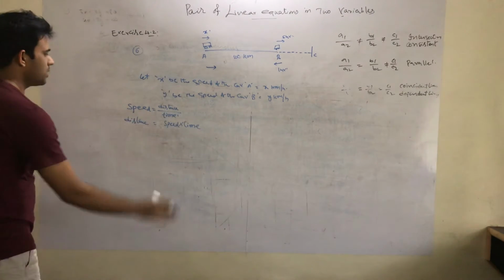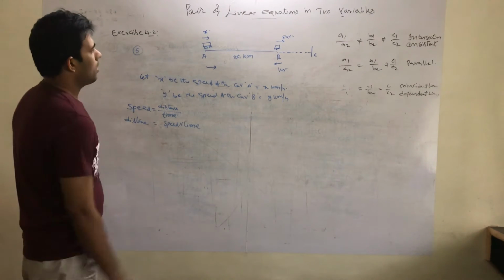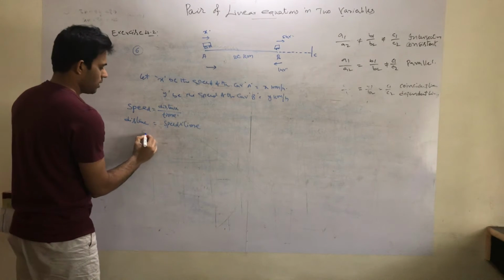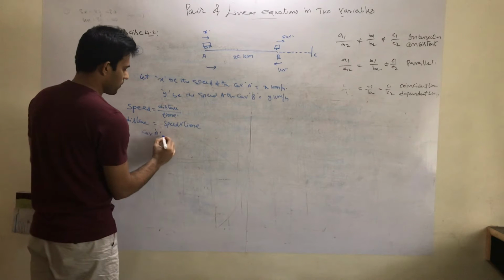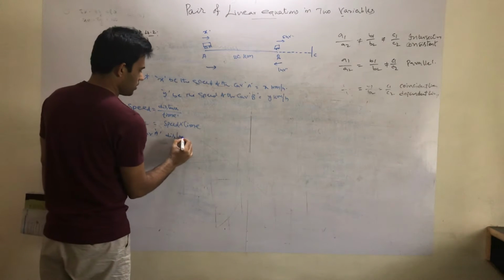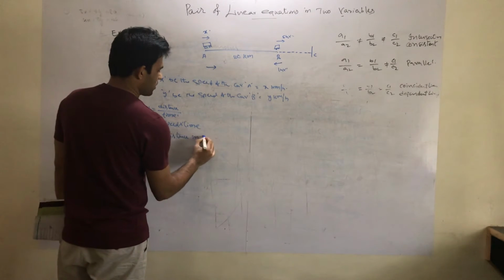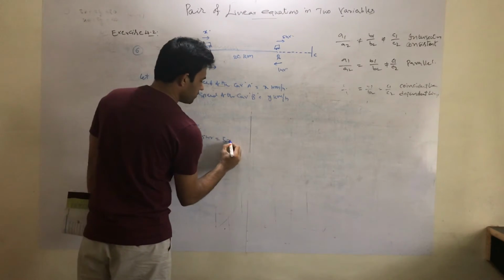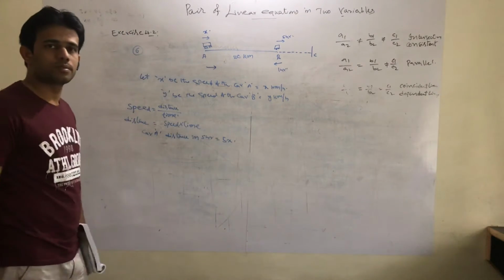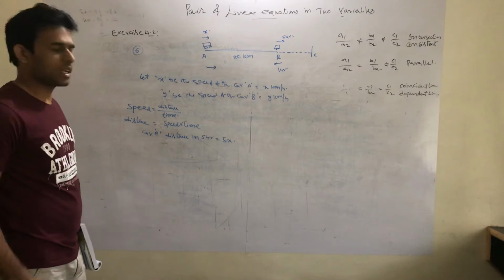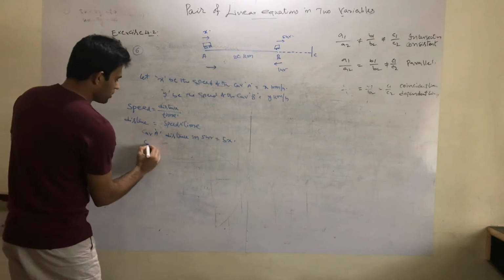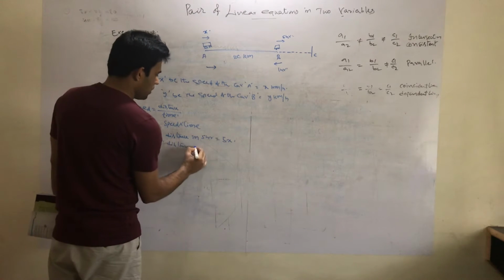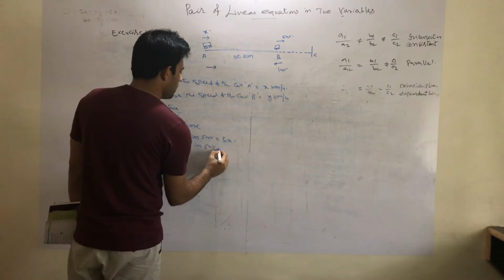So if I need the distance covered by car A in 5 hours, what will it become? 5x, right? It will become 5x. And what is car B's distance in 5 hours? It is 5y.